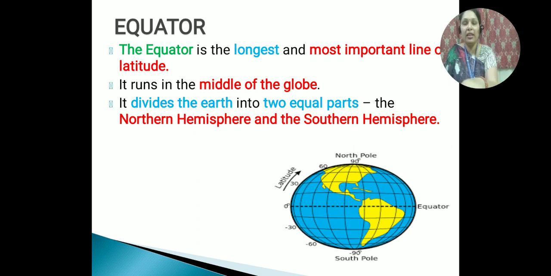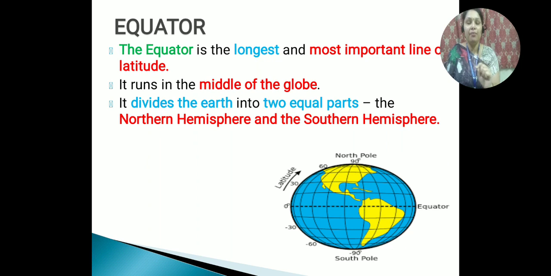So in this picture of a globe, the dotted line drawn in between is the equator, which divides the earth into the northern hemisphere and the southern hemisphere. The equator is the longest and most important line of latitude. Why is it the most important?